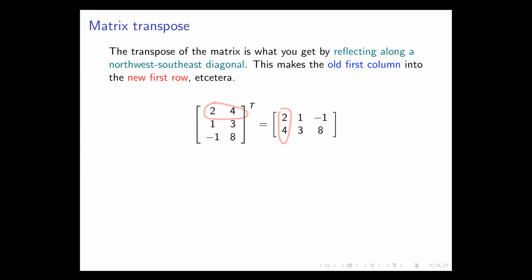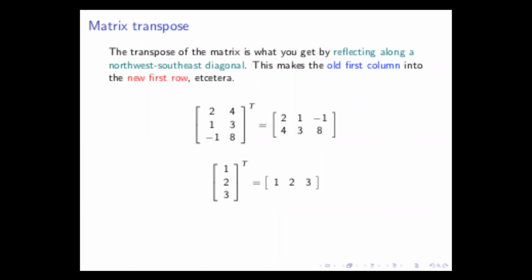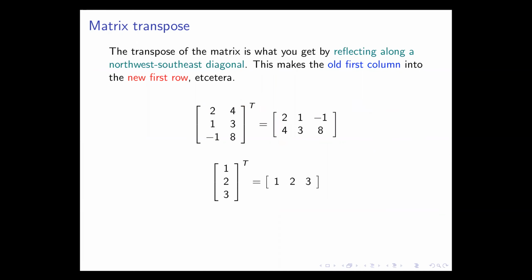Clearly this operation converts sizes: if A was an n times m matrix, then A transposed, denoted with the letter T in the superscript, has size m times n. Transposition of a column vector is a row.